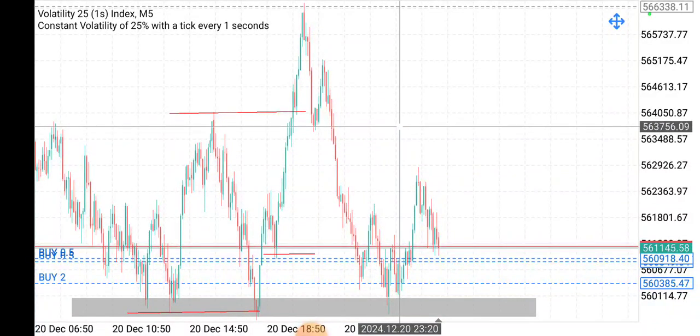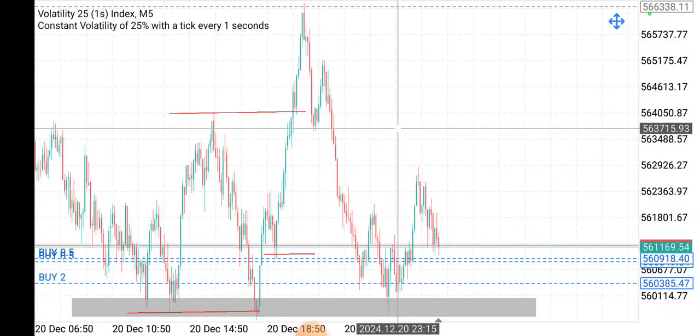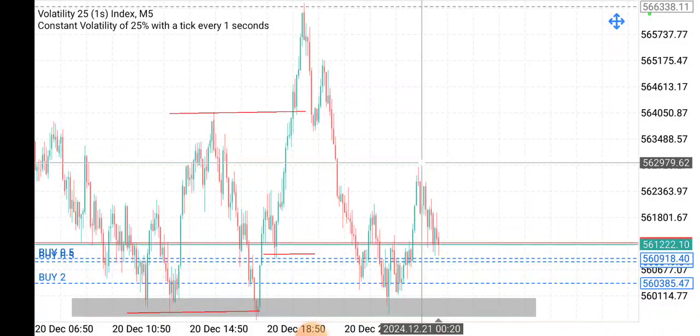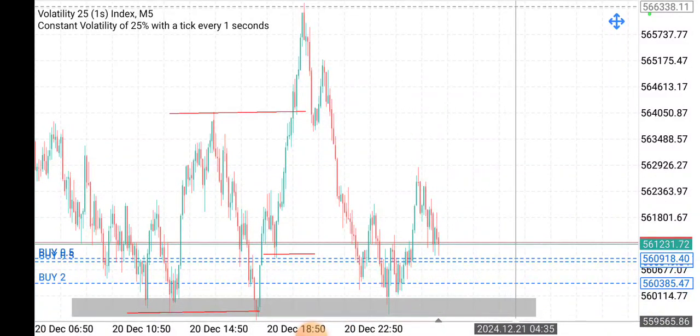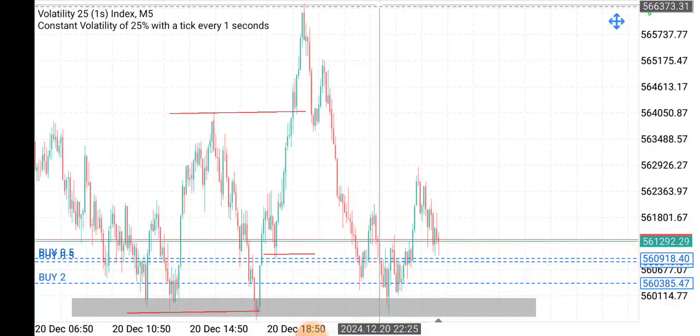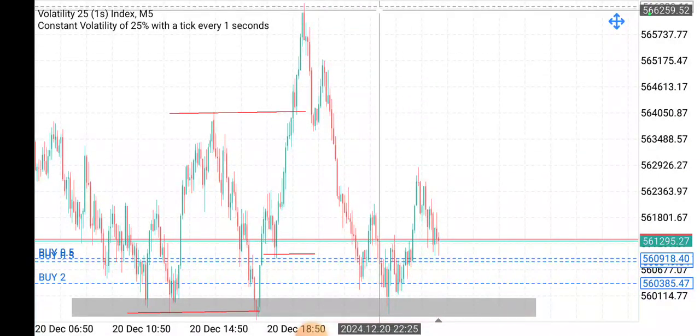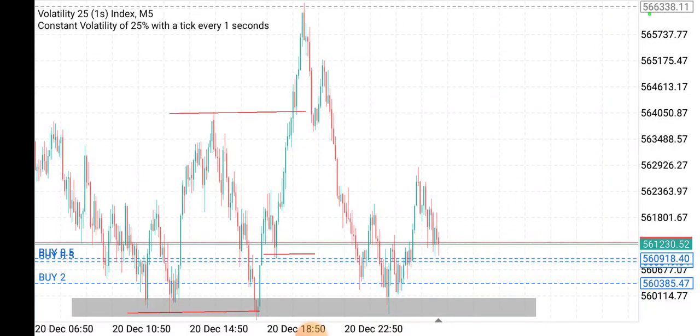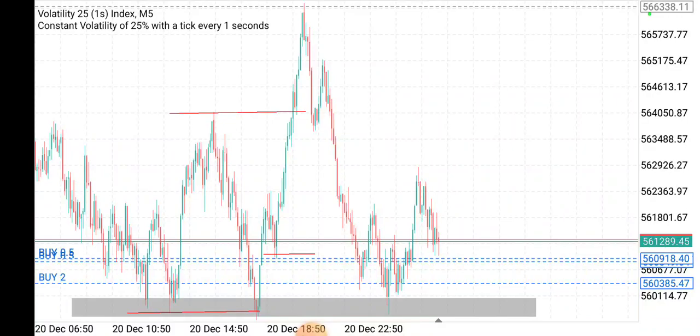My stop loss is below here, and my take profit is all the way up here at 566,239.44.